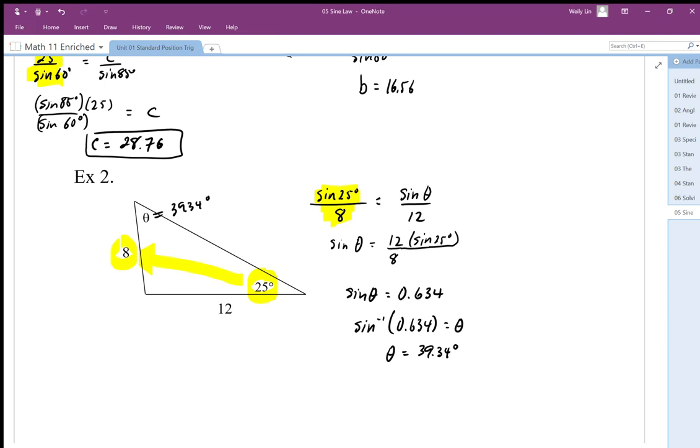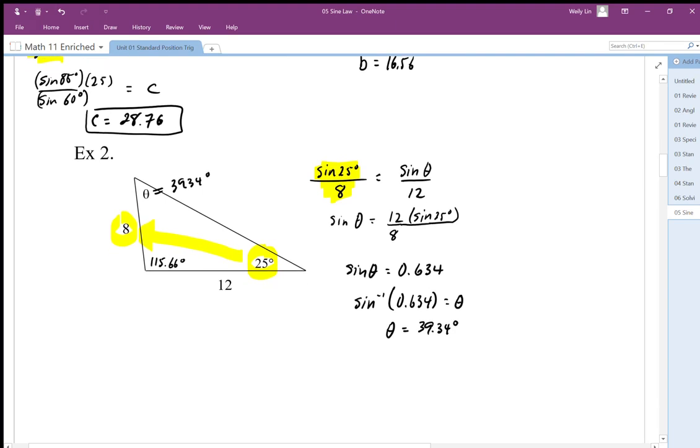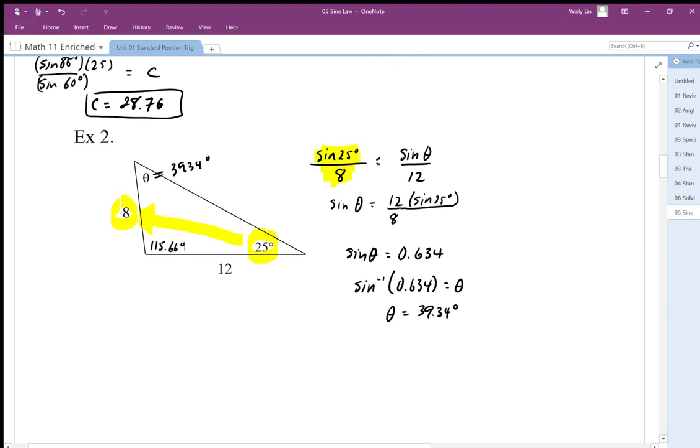So I get 115.66 degrees in there. And using that angle, I'm going to be able to get the length of that side. So I've got my parts here. The one last part: I've got three angles now, I just need the third side.